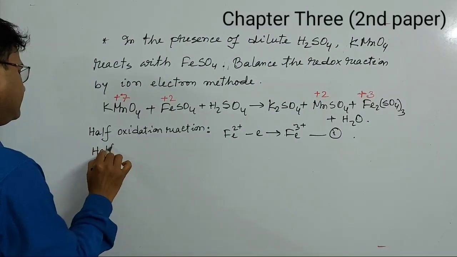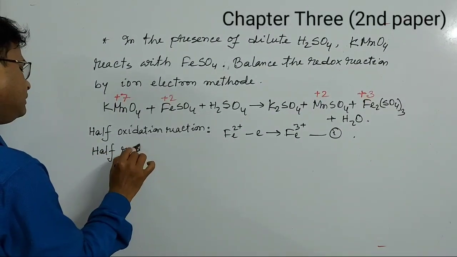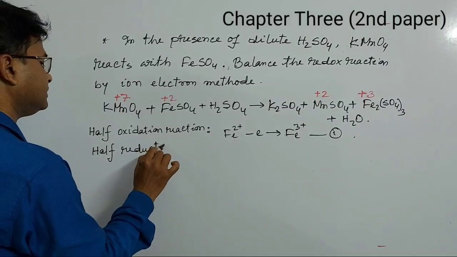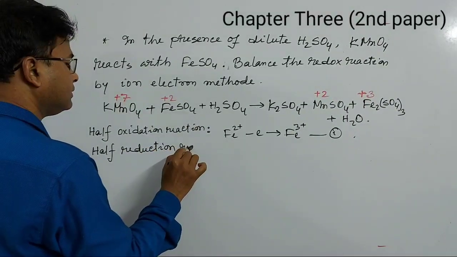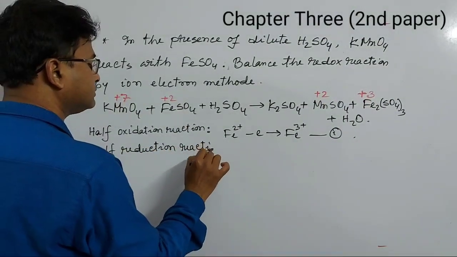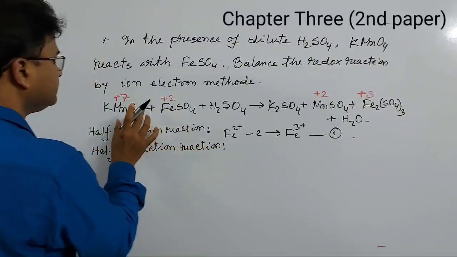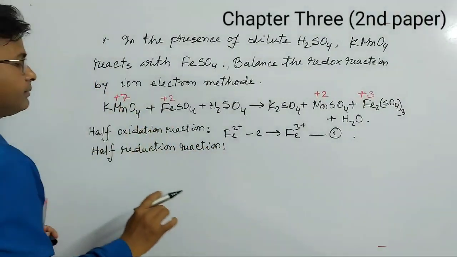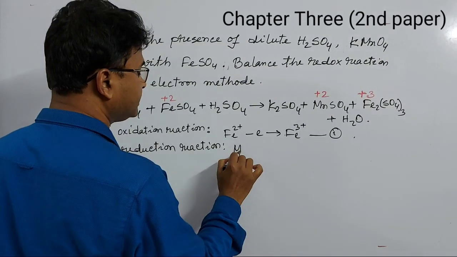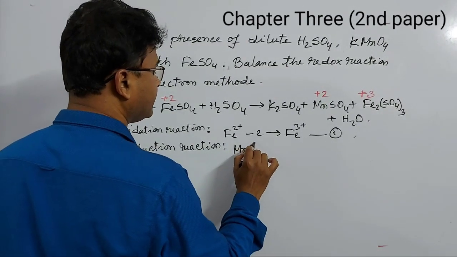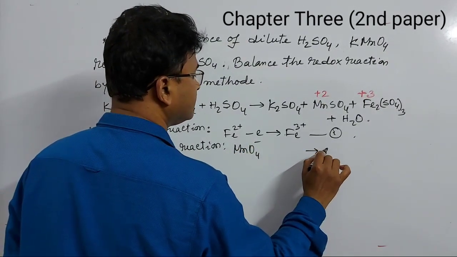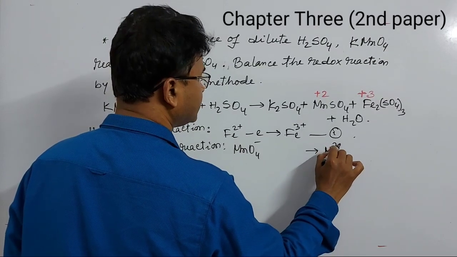And half reduction reaction: permanganate ion from potassium permanganate. I can write here permanganate ion to Mn2 plus.